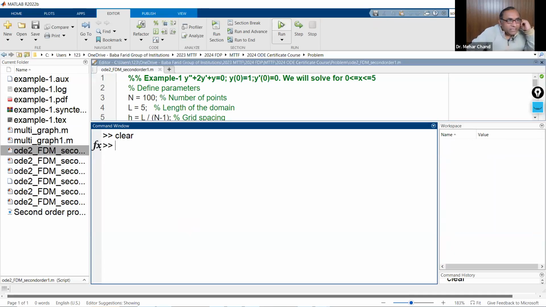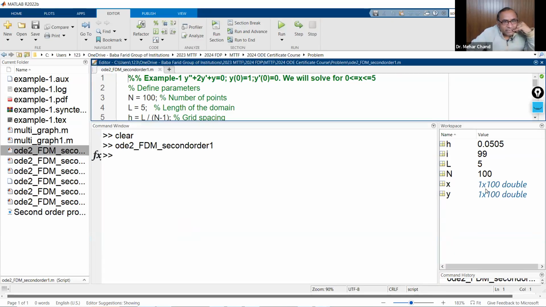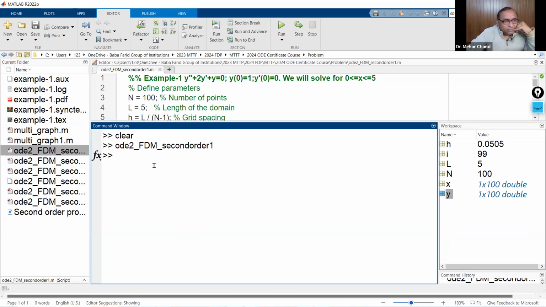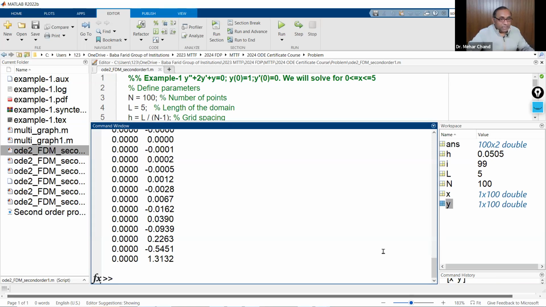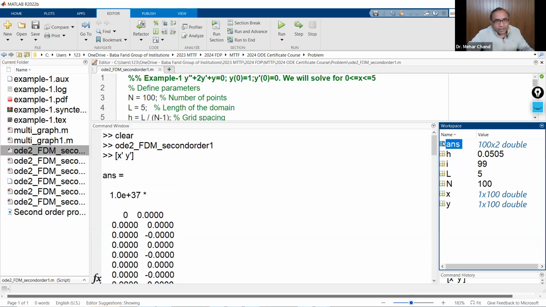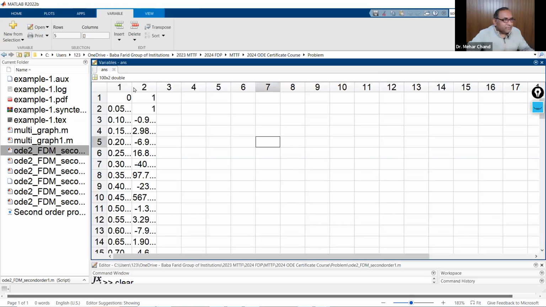When I execute this file, see on the right hand side: this is X and this is Y. If you want to extract them in the command window, we have X transpose and Y transpose. These are the numerical values. Also you can extract from this place. Yes, these are the numerical values.